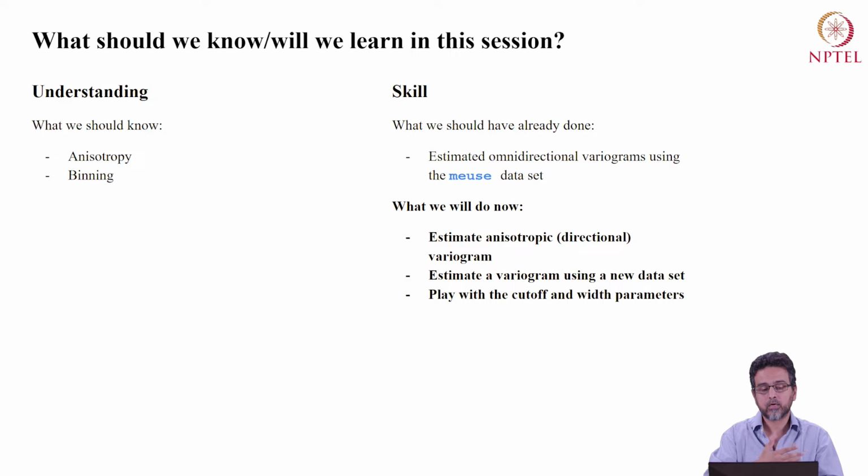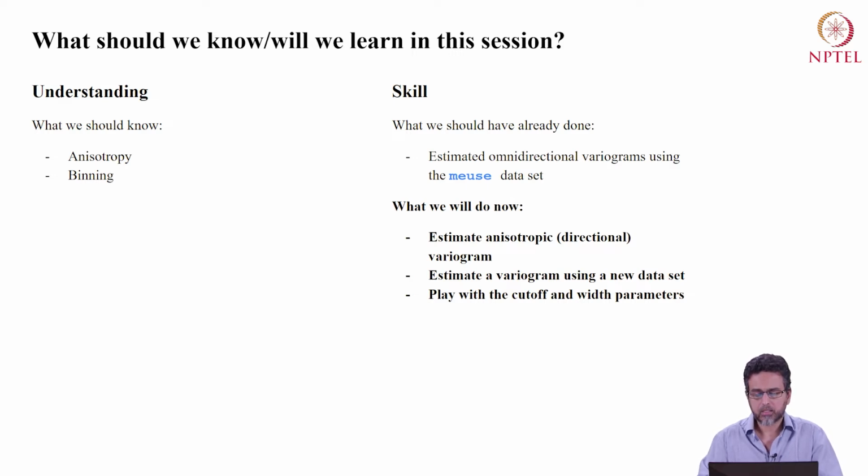We will point this out in the data, but I'm not going to go into it conceptually, so this is something you should already know. Also the idea of binning, that you have a continuous range of values and then you bin them into some discrete intervals. This is something we will use, so you should already be familiar with it.